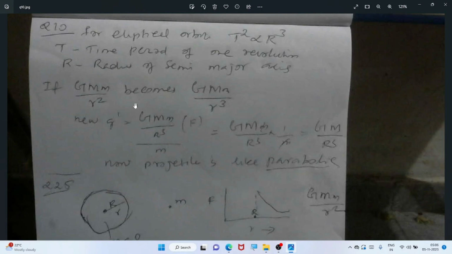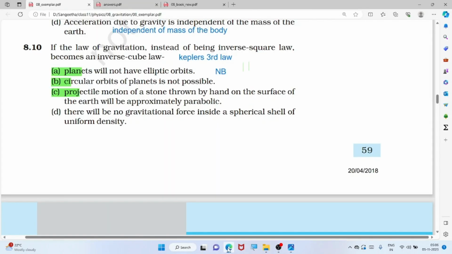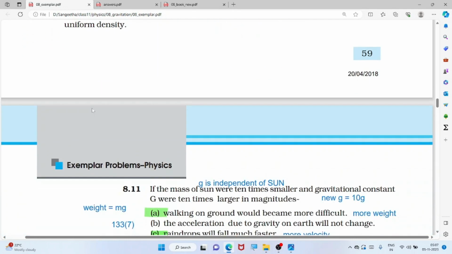If this becomes this, then that formula changes. So you have to read Kepler's third law, how the period and the radius of the semi-major axis are related.